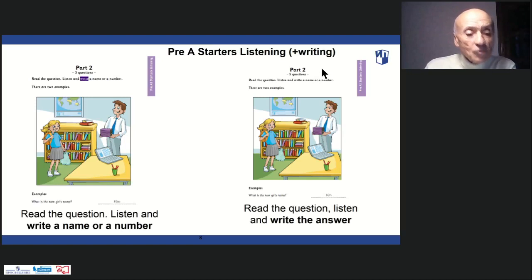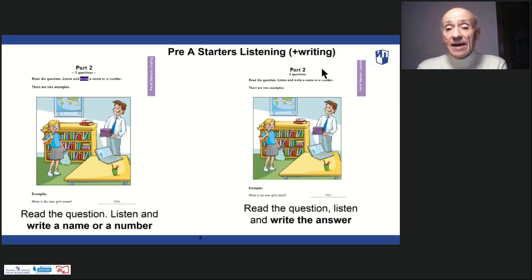And there are 2 examples. What is the new girl's name? A new girl has come to the classroom, and students listen to the story and they hear the girl's name. So they are to write the name.